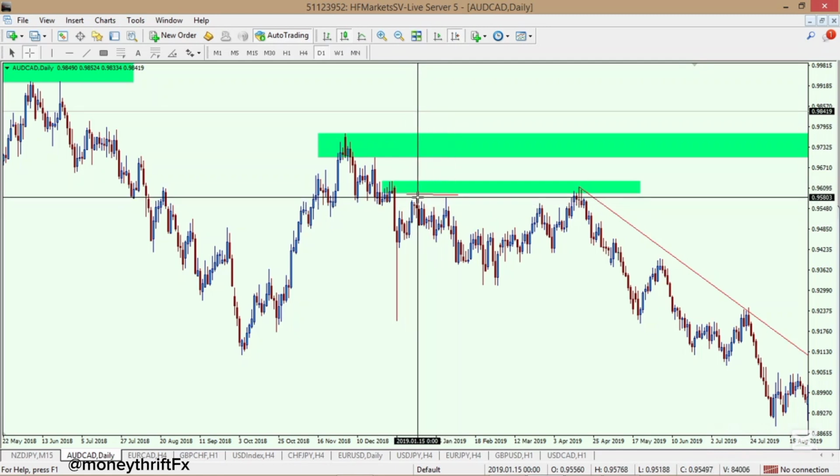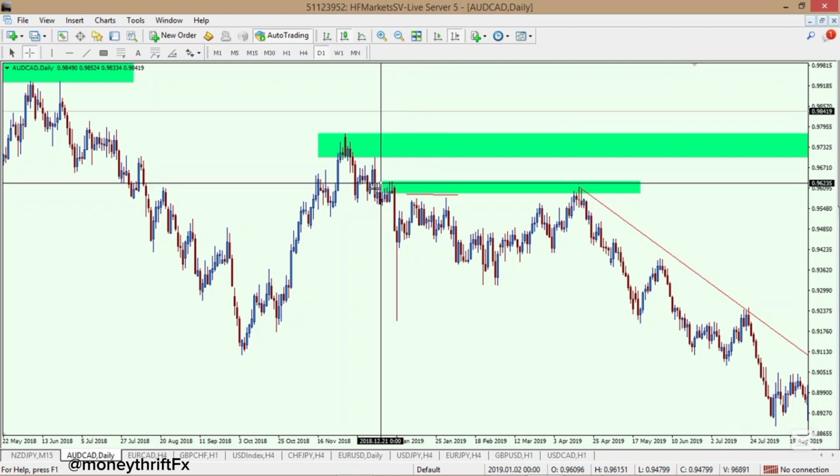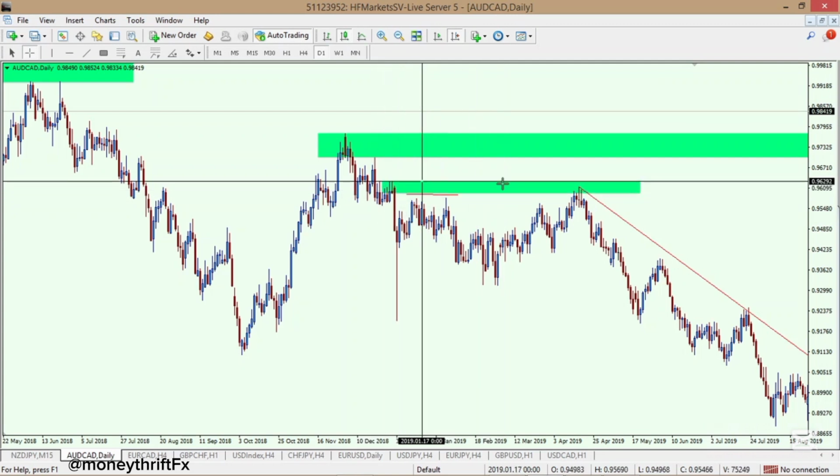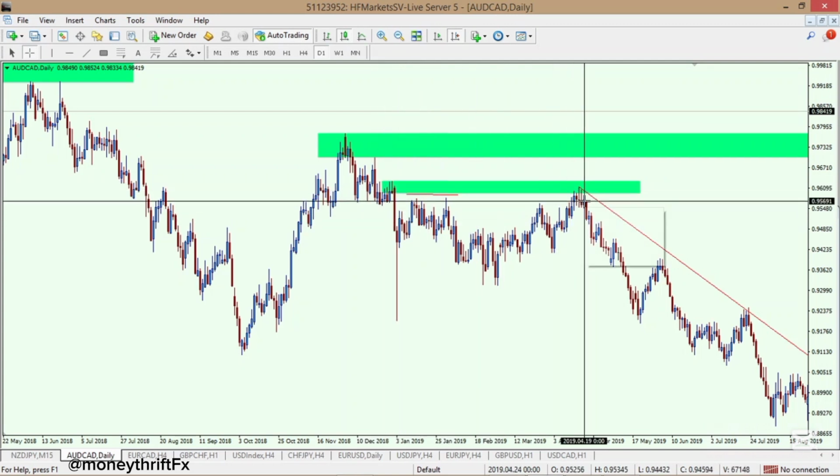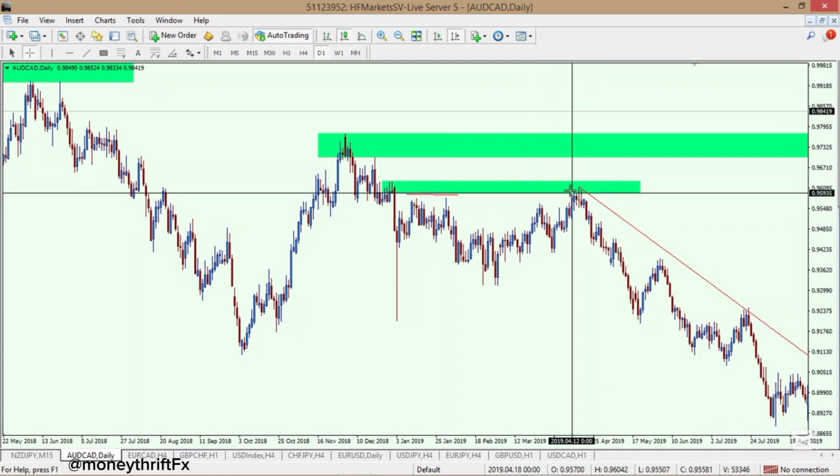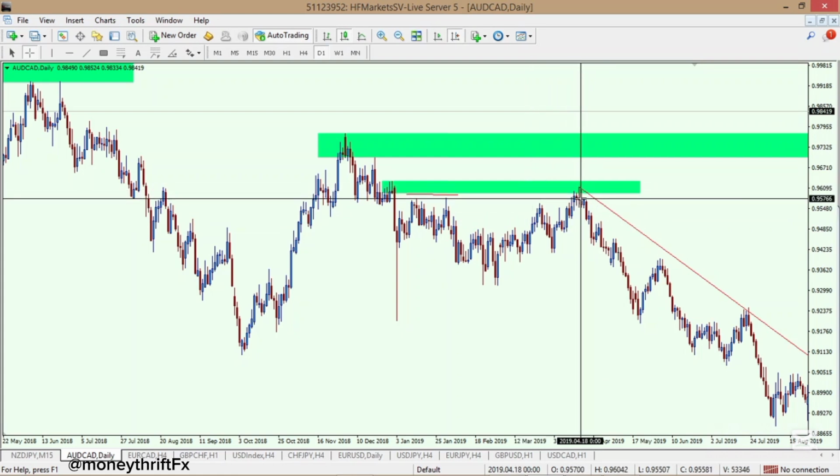I now picked a supply zone around that area that would justify my entry. An entry here will be very, very nice. Imagine if we entered here. Just look at that payout. 364 pips. Down here is 461 pips, and so on and so forth.